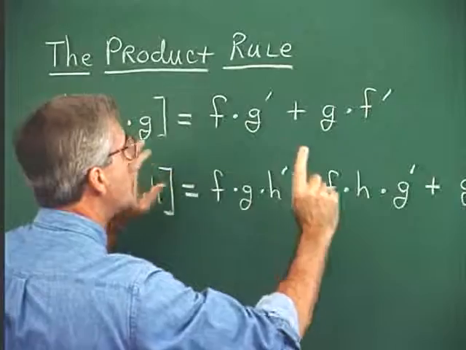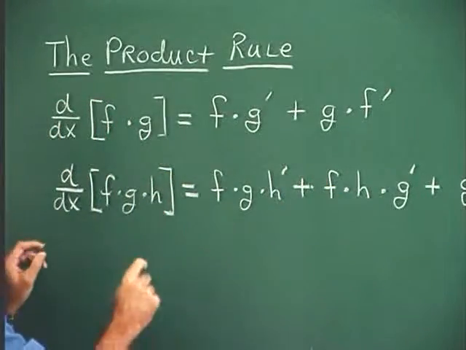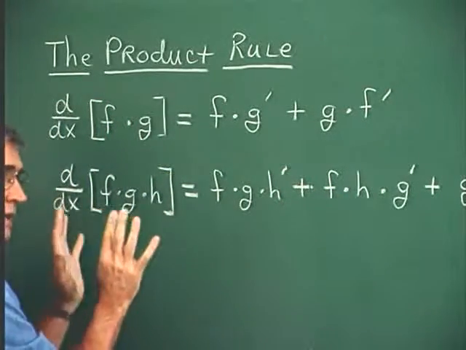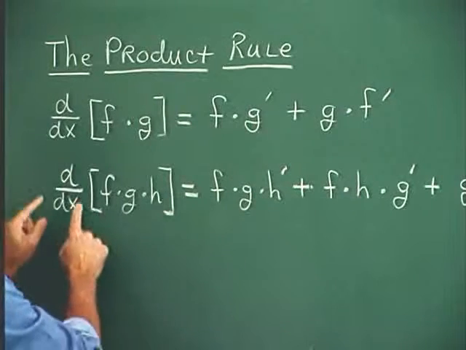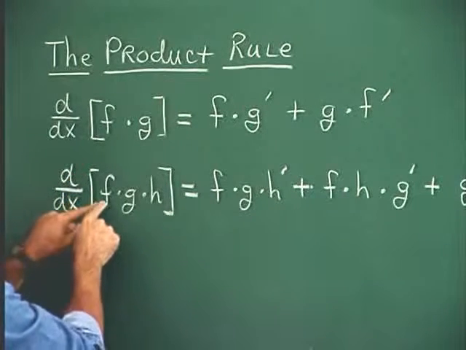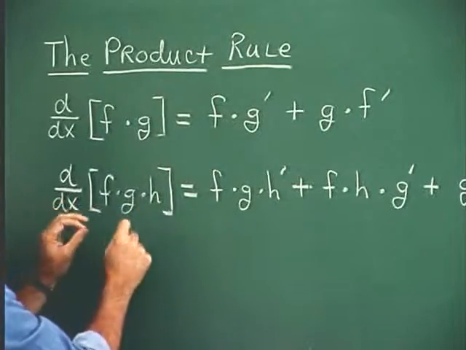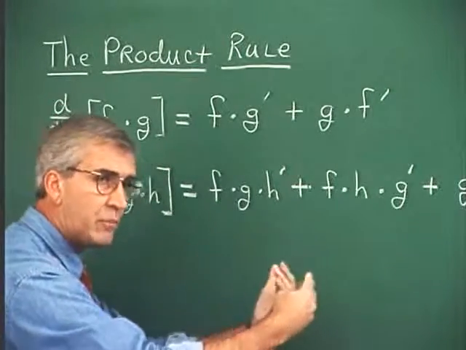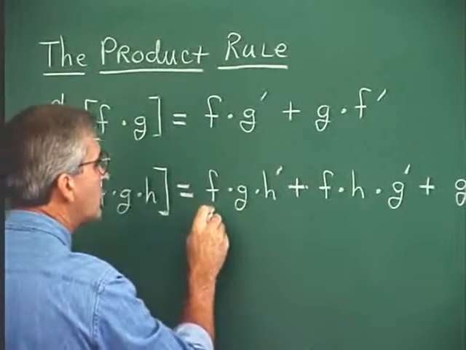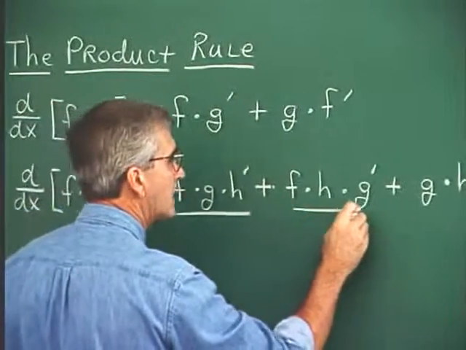And even more generally, we can stretch it out a little bit and get a general idea of how this is flowing by looking at the derivative of f times g times h. And it is the sum of three products. And here's one of those products, and here's another product, and here's another product.